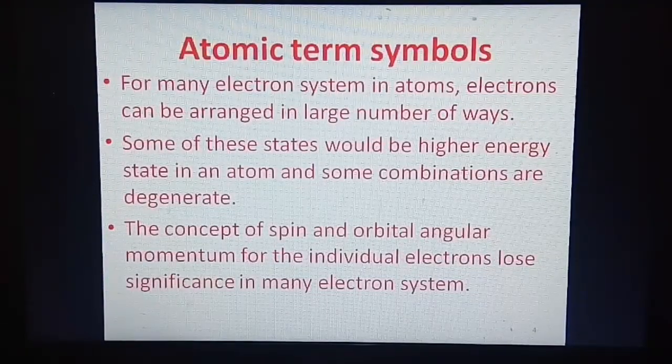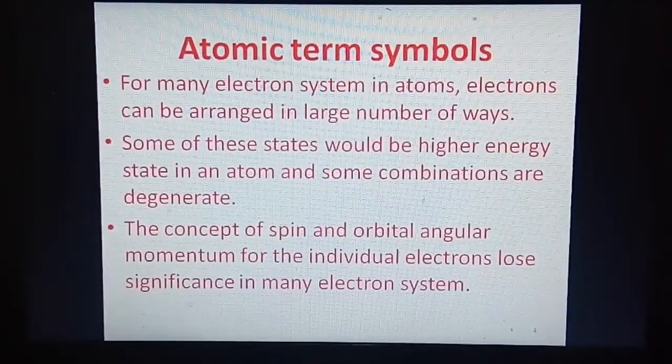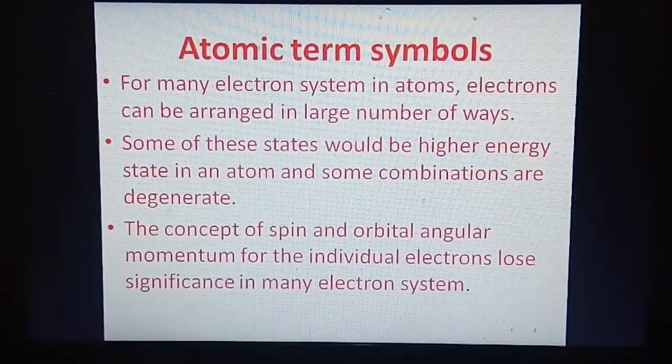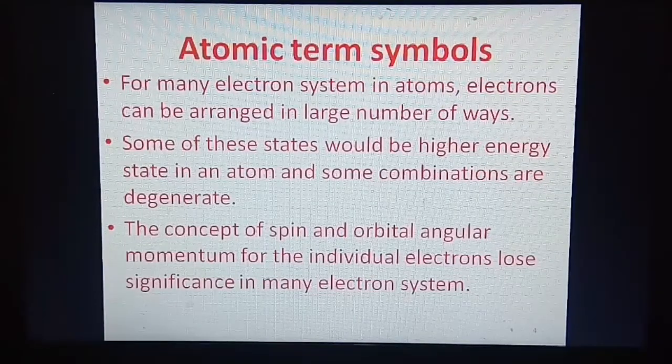Now, the atomic term symbols. For many electron systems in atoms, electrons can be arranged in a large number of ways. Some of these states would be higher in energy in an atom, and some combinations are degenerate. The concept of spin and orbital angular momentum for the individual electrons loses significance in many electron systems.